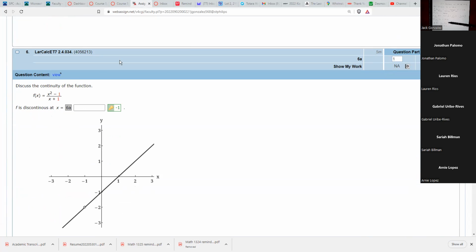Alrighty. 6. Let's see here. This is an analytical approach. We can factor the top, correct? Using a difference of squares formula.